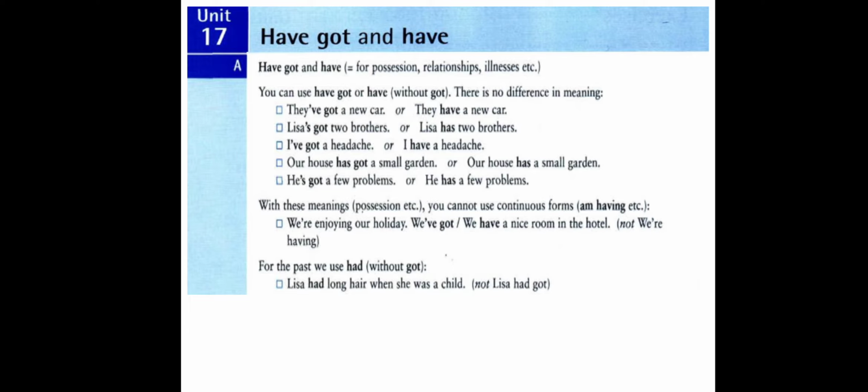We consider it as we use have, and the past of have is had. We don't use have got for possession in the past, so we can never say Lisa had got. We say Lisa had long hair when she was a child.